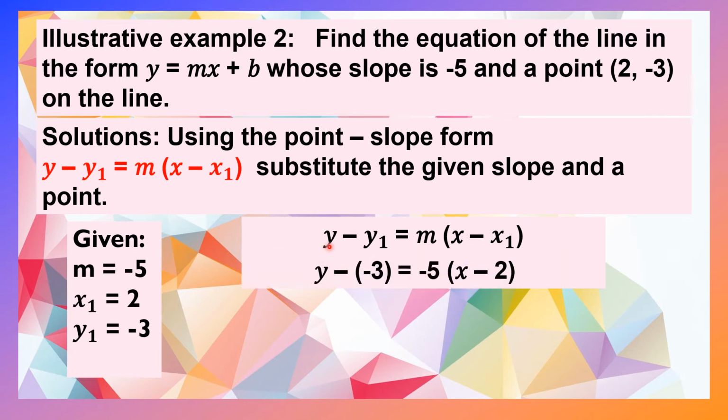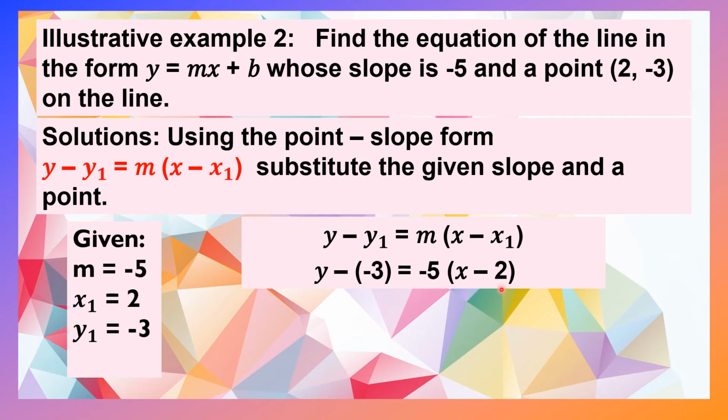So, just copy y, then yung minus sign, and yung y sub 1 natin is negative 3. Equals, yung m natin is negative 5. Times the quantity x minus yung ating x sub 1 naman is positive 2.